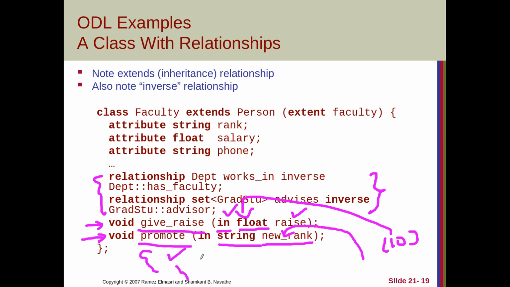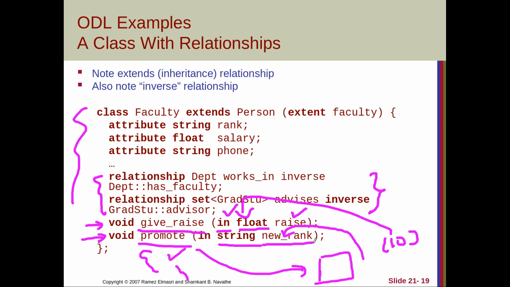Now, as I have mentioned in the previous class, in the object data management group model, we are specifying classes, attributes and relationships as well as operations. Normally operations are only declared, and the definitions of these operations are normally given in an external object oriented programming language like C++, where the body is given.